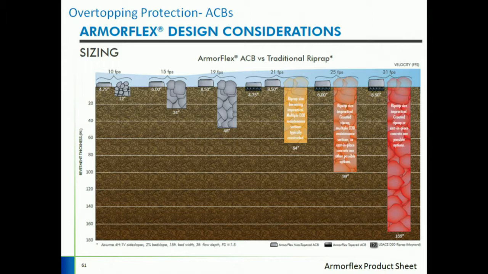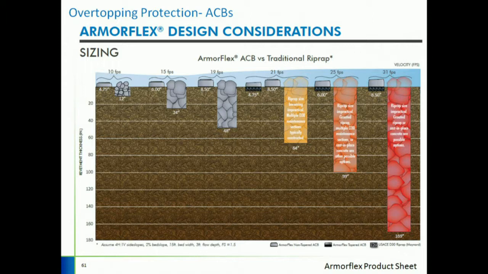So this plot shows comparison of ACB against riprap. So the revetment thickness for the riprap here on the y-axis, and you can see different types of ACB blocks. 4.75 inch here, 6 inches, 8.5, 4.75, but with granular material underneath, and it's tapered.